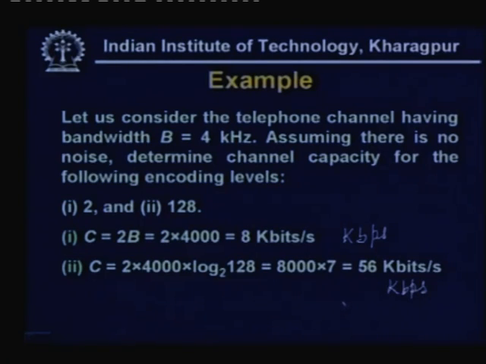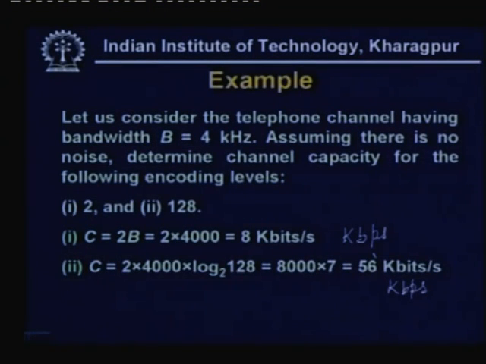So you see, by suitable multi-level encoding through a channel having bandwidth of only 4 kilohertz, we can send a very high data rate, 56 kilobits per second. That is precisely what is done in case of modem. Modem can send 56 kilobits per second maximum, that is the maximum data rate. So we find that this is how we can send more information.